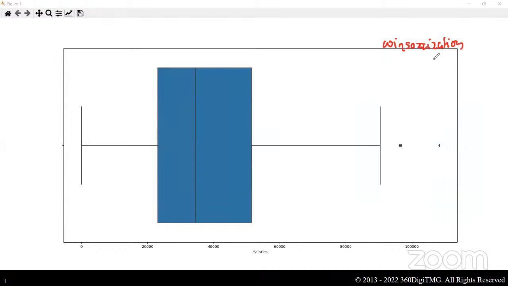In Winsorization, we are moving the points from the outliers to an acceptable range. We take these data points and move them inside the fence by changing their values. All right, so this is known as Winsorization.